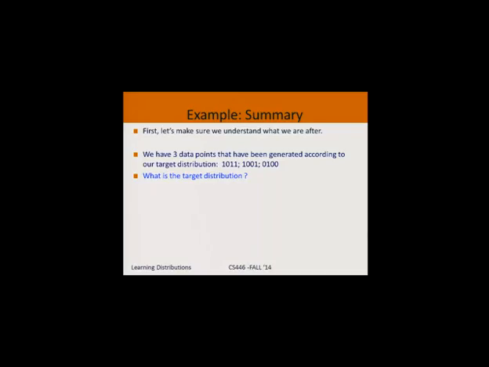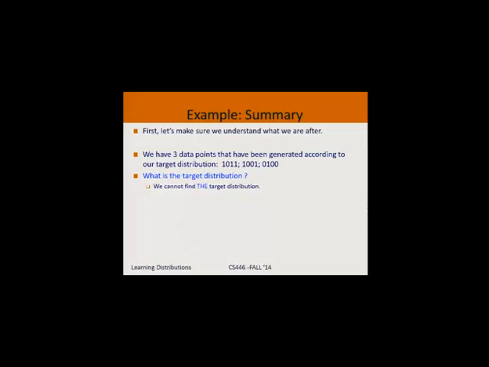Okay, but so I want to get to this, and I want first to discuss for 2 minutes, again, what we are doing here. So we have 3 data points in this case. What's the target distribution, right? So that's the question we're asking. Why do we care about this, right?